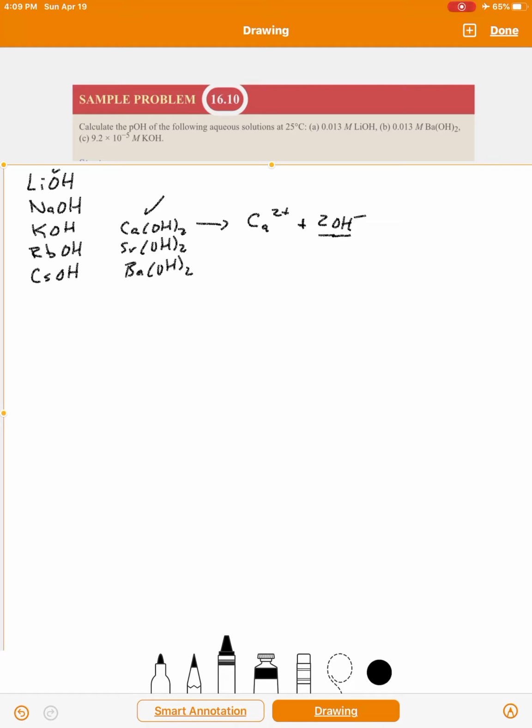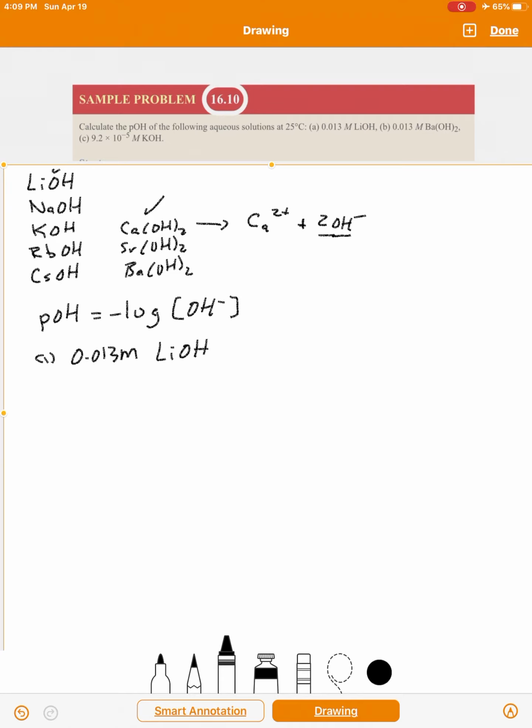Okay, so let's start with A. This is pOH. pOH is the negative log base 10 of the concentration of hydroxide. Okay, just like pH, but it's a measure of hydroxide concentration as opposed to hydronium concentration. So for part A, we have 0.013 molar lithium hydroxide.